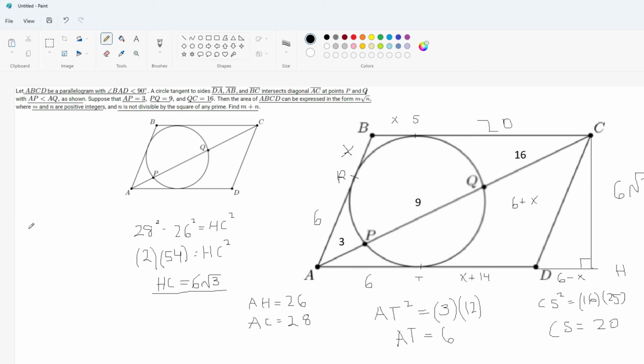We get DH squared, which is 6 minus x whole squared, plus 6 root 3 squared, which we've already computed here to be 108, is equal to 6 plus x squared. So we have one equation, one variable, perfect, we can solve for x.